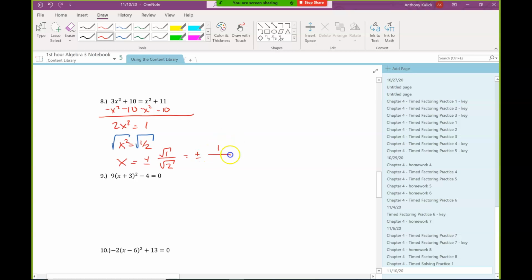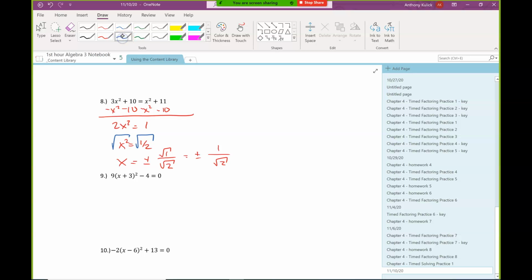For example, the square root of 1 is just 1. And the square root of 2 doesn't come out to be a whole number, so we'll just leave it as the square root of 2. But if you remember last year in your geometry class, you would have talked about how we don't like to leave a square root in the denominator of a fraction like this.